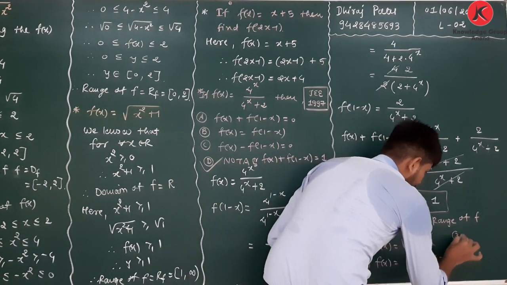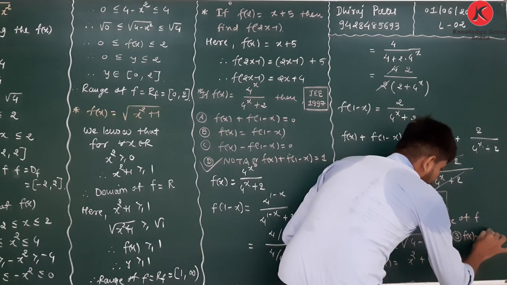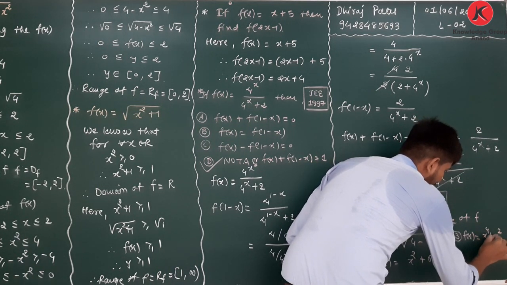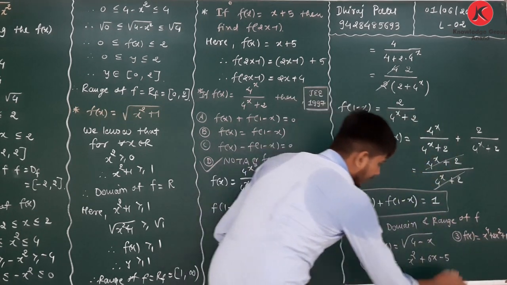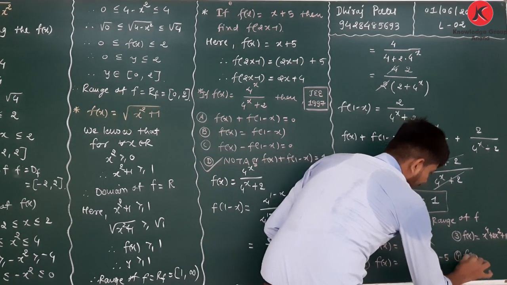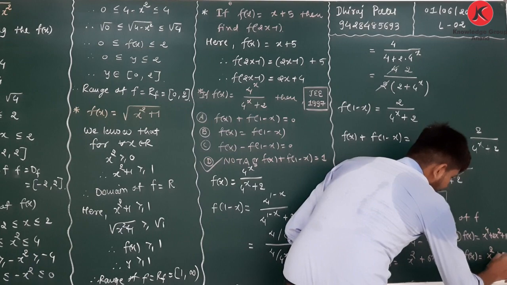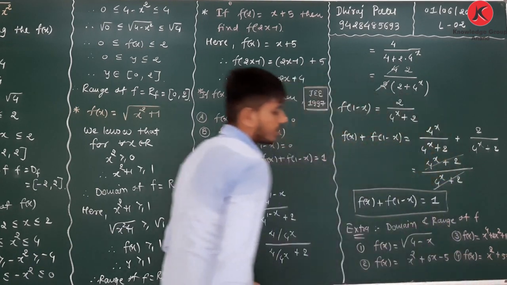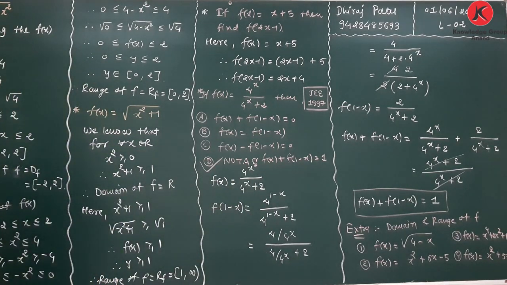The third one is f of x equals x raised to 4 plus x over 2x square plus 1; be careful with the question, 2x square plus 1. And the fourth one, f of x equals x square plus 5x. Okay, these are the questions I have given; you have to find the domain and range. Thank you very much.